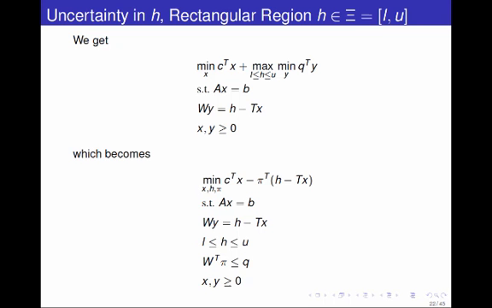So minimize first stage costs plus the average of the best you can do in the second stage. Now, what robust optimization does here, it's replacing this with this. Okay. And the constraints don't really change. We have first stage constraints and then constraints that link second stage decisions with first stage decisions through this set of constraints.